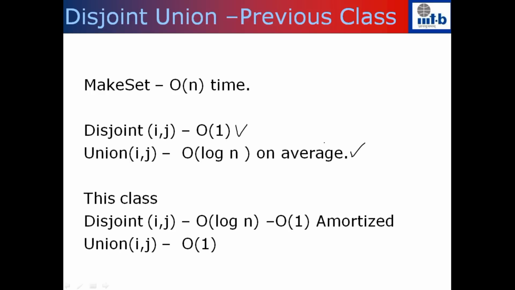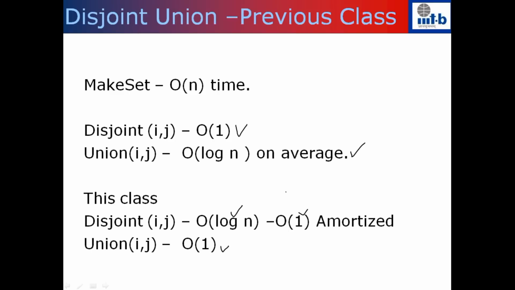More specifically, we will see how to do union in order 1 and find in order 1 amortized cost. Before we come to order 1 amortized cost, we will see how to do find in order log n. Earlier we did find in order 1, union in order log n on average. Here we are going to see first union in order 1 but find in order log n. Then we will improve this order log n to order 1 amortized cost.